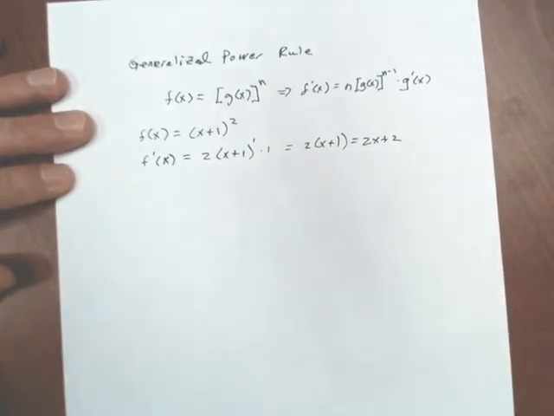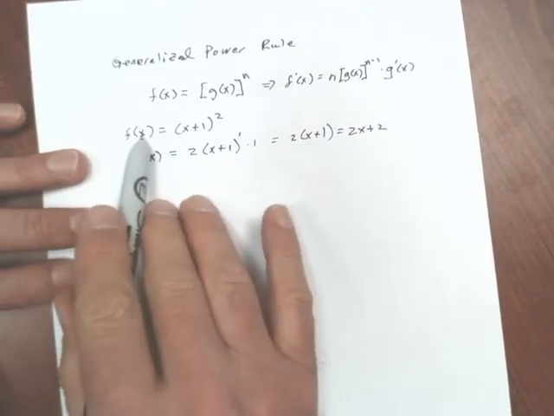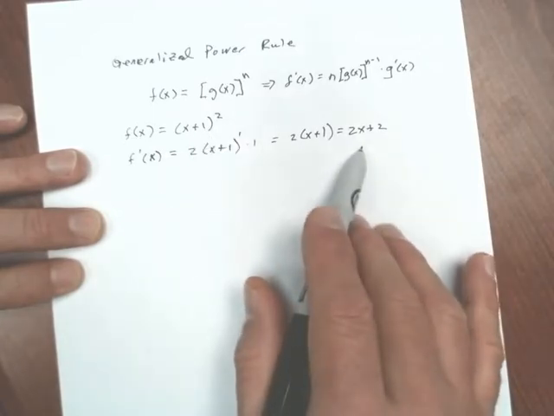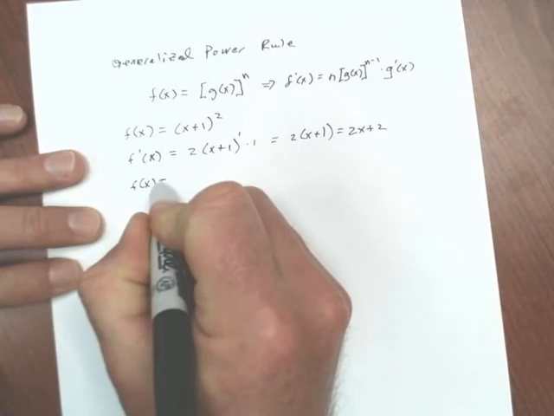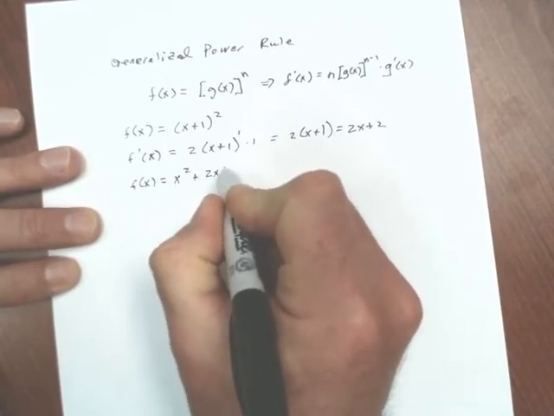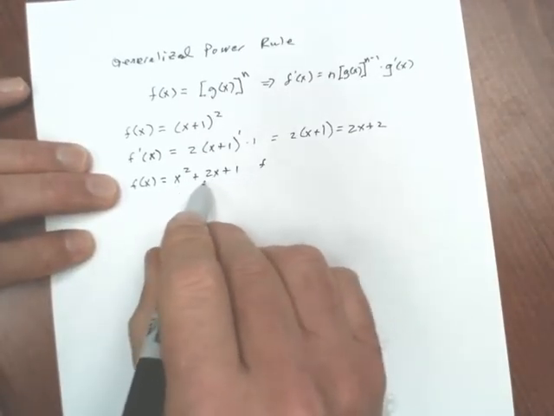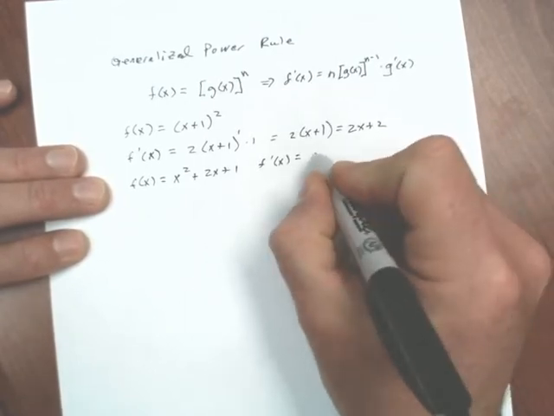Now, you could also FOIL it out and get the same, right? If we FOILed that out, f of x would be x squared plus 2x plus 1, and using the regular power rule, it's easy to see that f prime of x would be 2x plus 2.